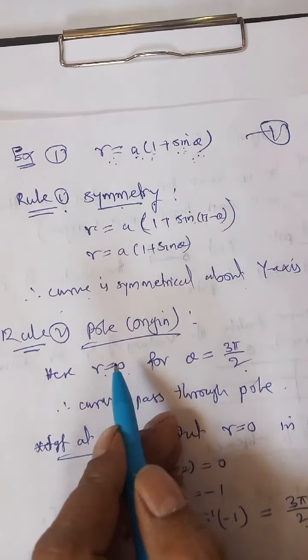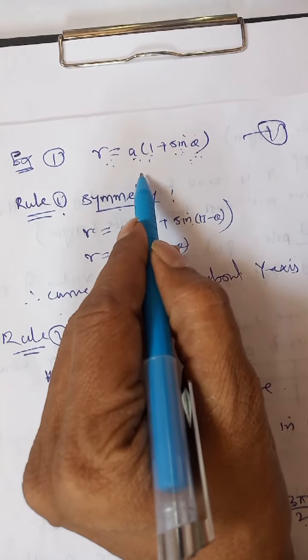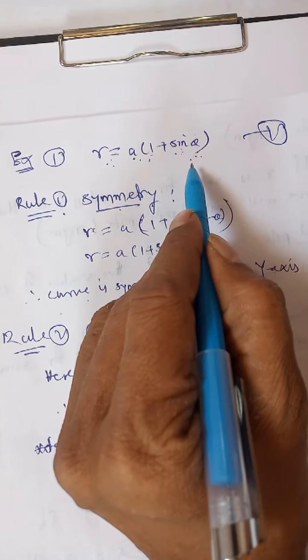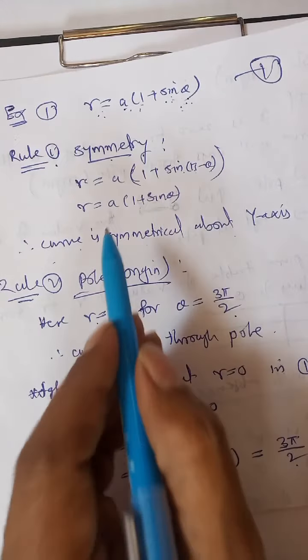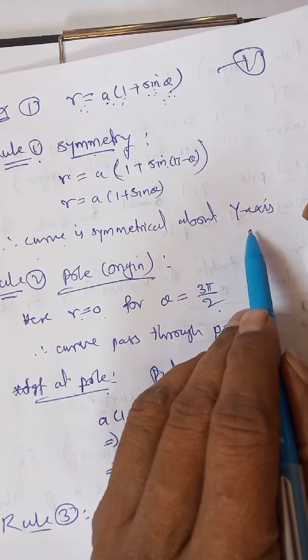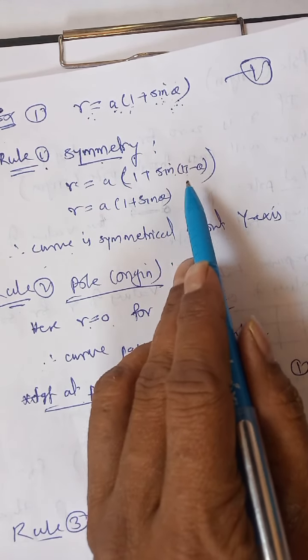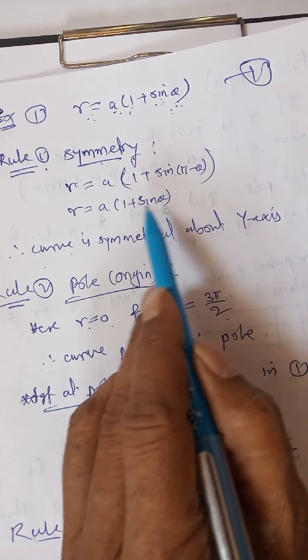So in the last lecture, we were discussing this example r equals a into (1 plus sine theta). We discussed symmetry: this curve is symmetrical about the y-axis because if we replace theta by pi minus theta, the equation remains unchanged.